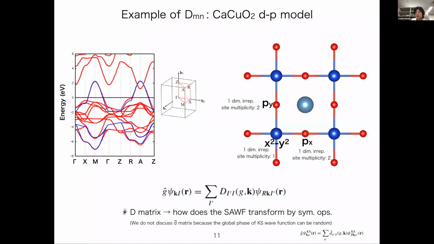What we do is just symmetrize the unitary matrix for the irreducible k points. And in the PW2 we need to compute these D tilde and D, but it does not take too much time. So let's say the computation time is comparable to the usual maximally localized Wannier function calculations.